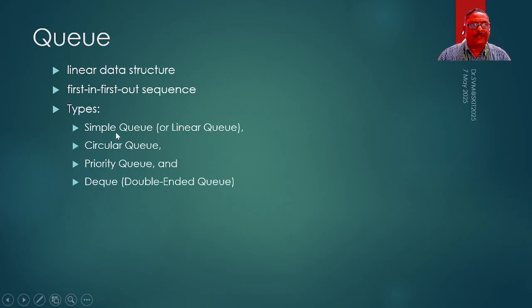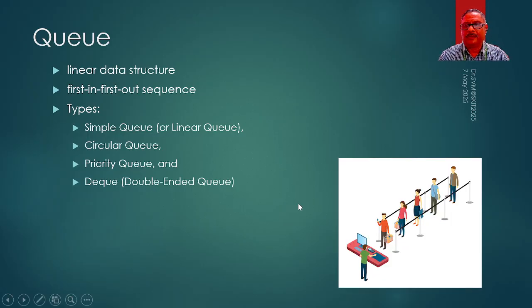There are different types of queues, like a simple queue, which is a linear queue. It can be a circular queue, or a priority queue, or a double-ended queue, and many more. We will see them in detail in the coming sessions. A real-time example for a queue is people who have come for some service.